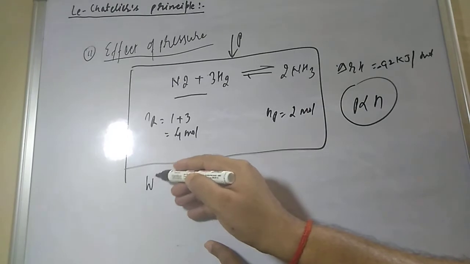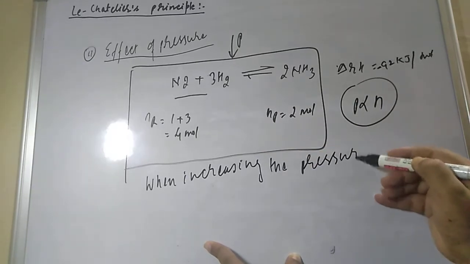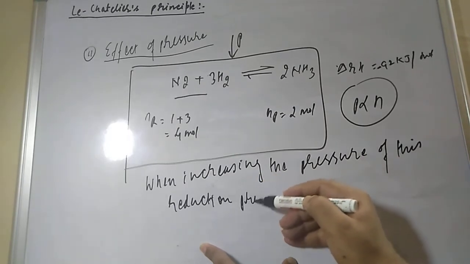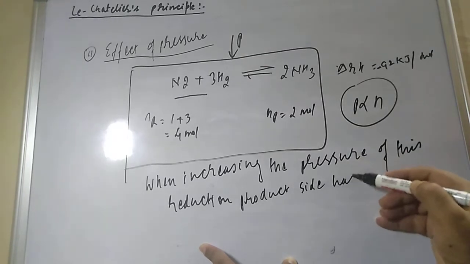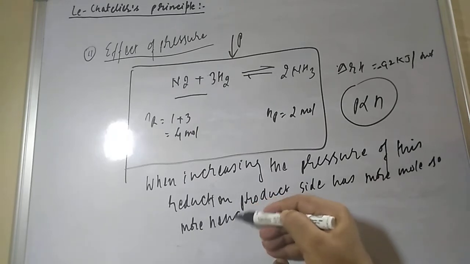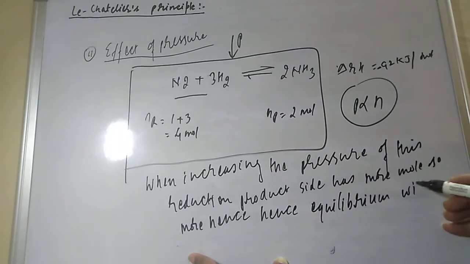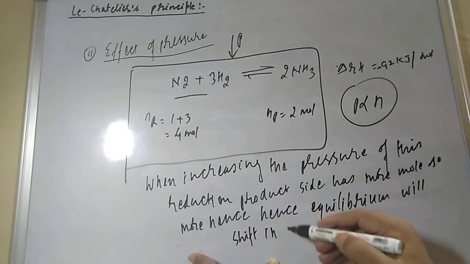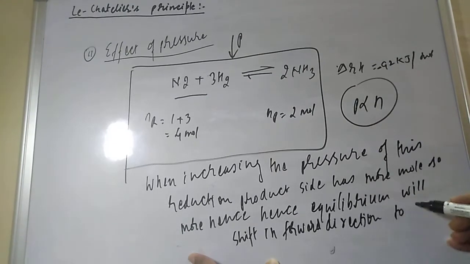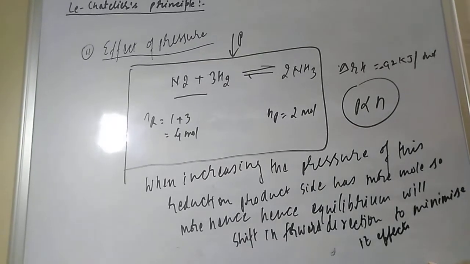So when increasing the pressure of this reaction, the reactant side has more moles, so more pressure, hence the equilibrium will shift in the forward direction to minimize its effects. So dear student, I hope you are understanding this.